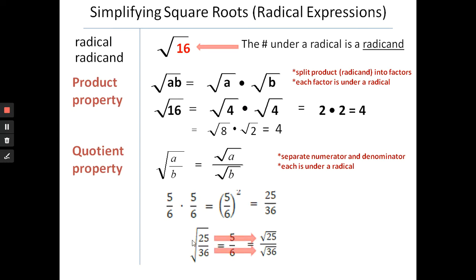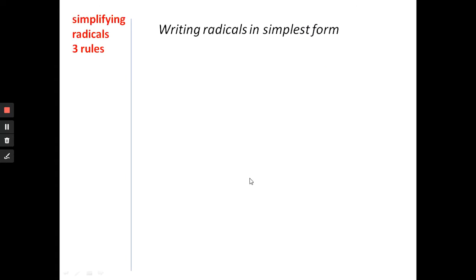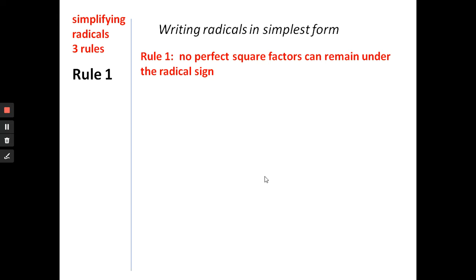So that's how you can take a quotient as a radicand and break it into two different radicals in a quotient. All right, there are three rules you have to abide by when simplifying radicals. One of them is when you're finding factors. This would be the product property.